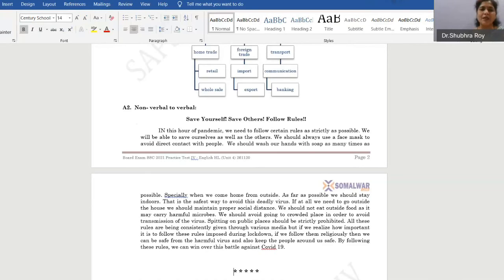All these rules are being consistently given through various media, but if we realize how important it is, and follow the rules imposed during lockdown religiously, then we can be safe from the harmful virus.